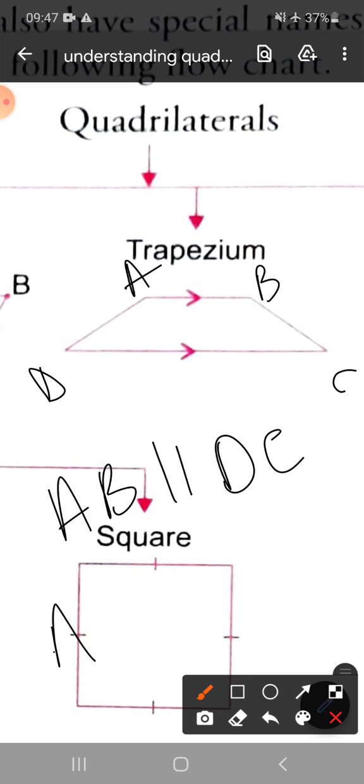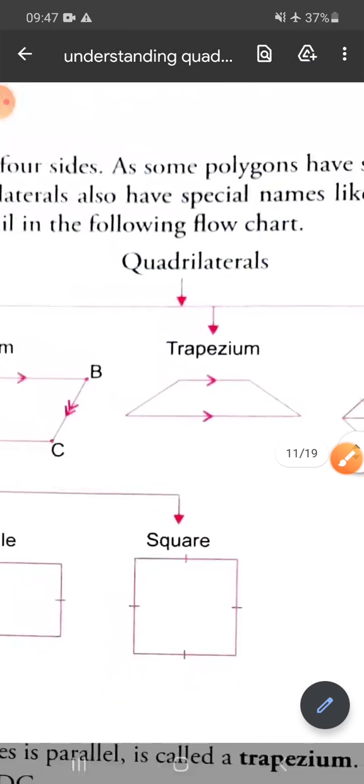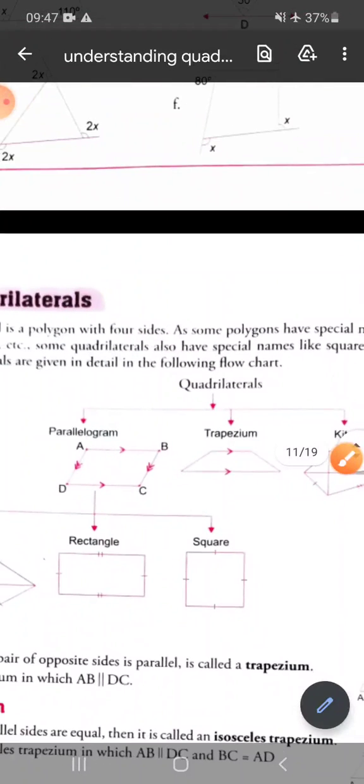And if AD equals BC, then this kind of trapezium is called an isosceles trapezium, right? So the next video will completely discuss the properties, or maybe through PDFs.